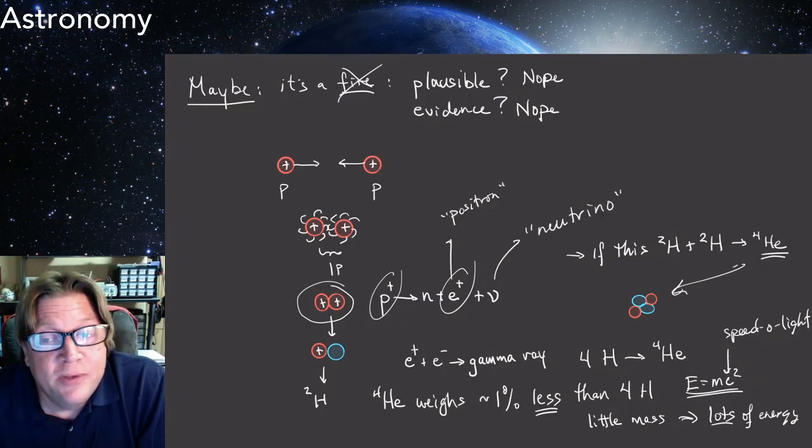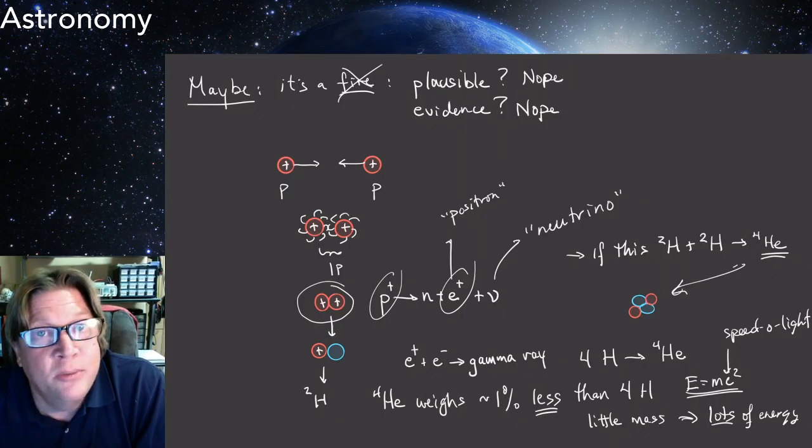So this idea of the sun using fusion to produce energy, is it plausible? Well, it turns out you can figure that out. You can calculate. That's a calculable amount of energy.